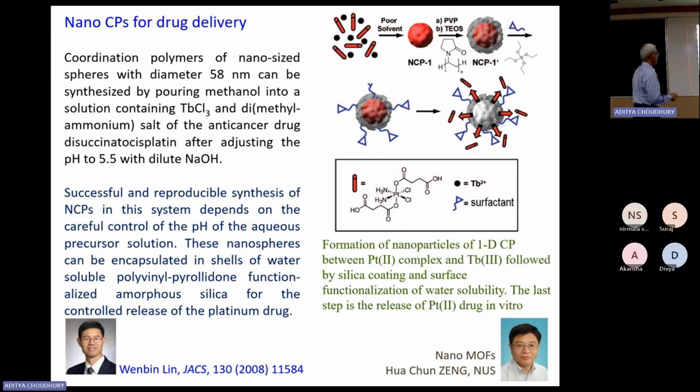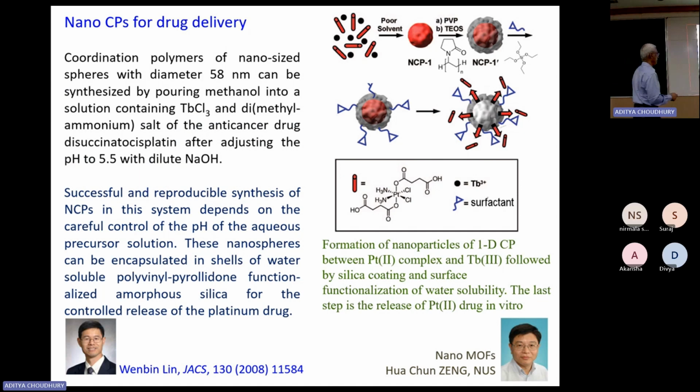They control it. In this case it is a water-soluble compound. This terbium and this ligand 3 form in a stoichiometric ratio, and they pour in solvent, because when you just mix it and leave it, you will get crystals. They don't want crystals.